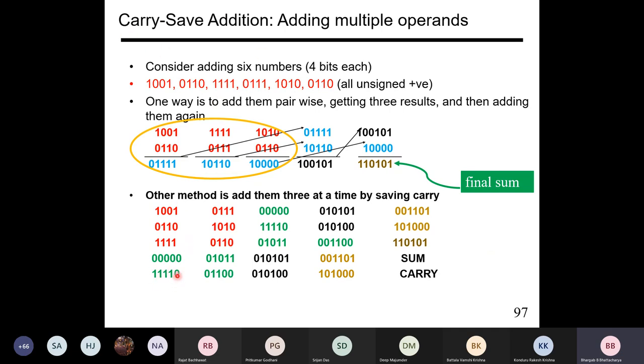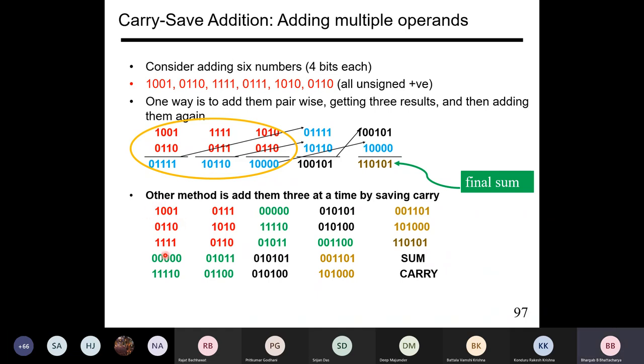You are not adding carry immediately. You save them, and finally you add. And you can show mathematically that by delaying the addition of carry bits, ultimately you get the same final sum anyway, right?